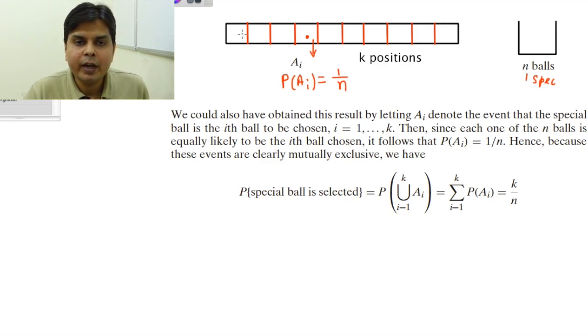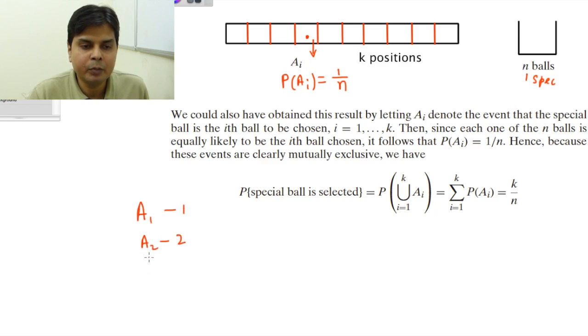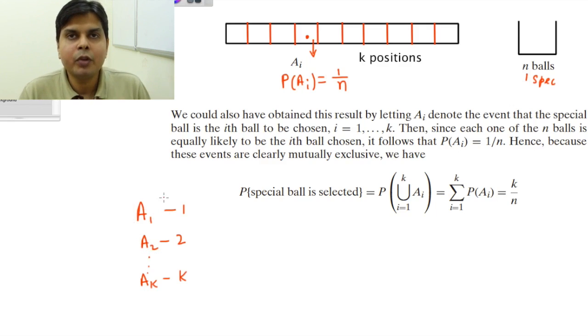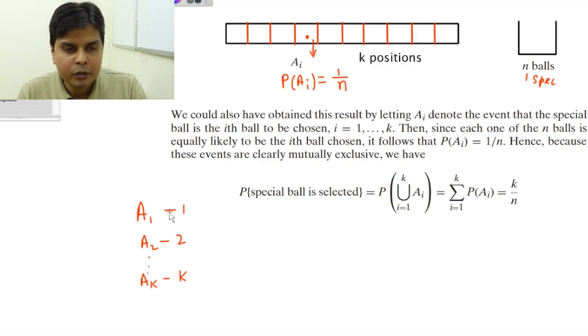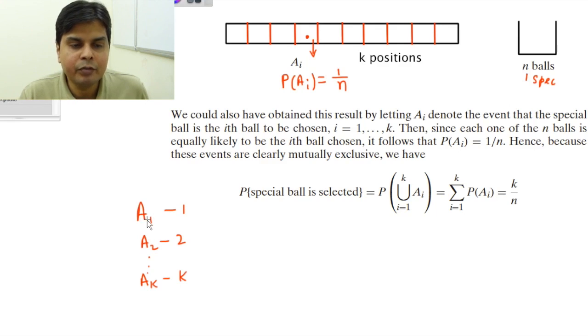Now I have to find out the probability that this special ball will be among any of these positions. So A1 is the event that it is in the first position, A2 that the special ball is in the second position, similarly Ak that it is in the kth position. Now all these events are disjoint. Why are they disjoint? Because you have got just one special ball. The moment the special ball is in the first position, it cannot be in the second position.